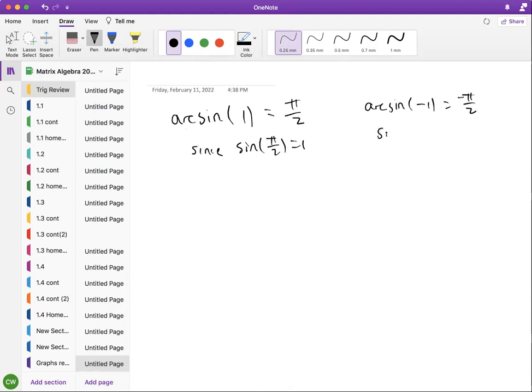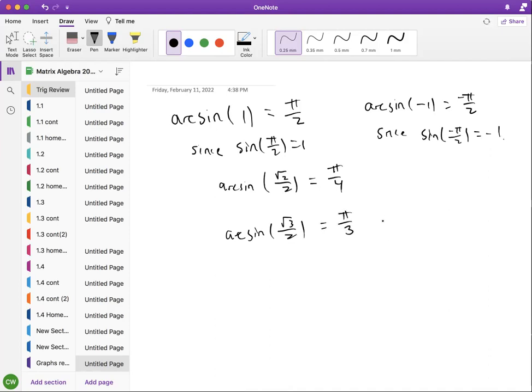And again, since sine of negative pi over 2 is equal to negative 1, we have arc sine of radical 2 over 2. There's only one angle that gives radical 2 over 2, which is pi over 4. Arc sine of radical 3 over 2, which is pi over 3, etc.